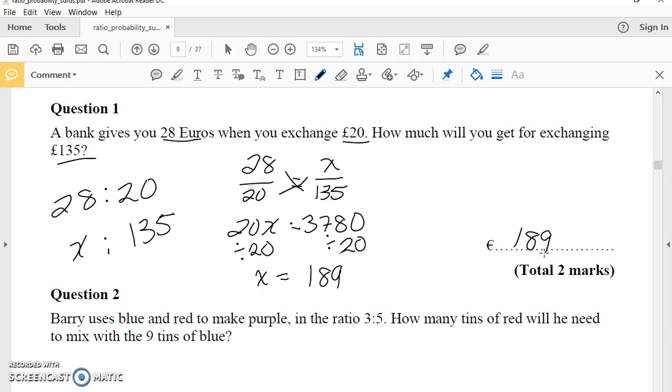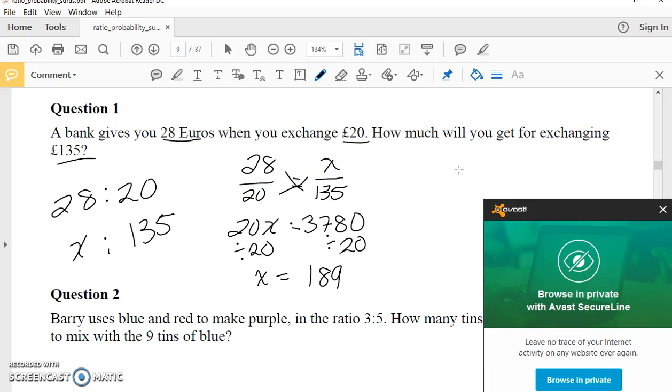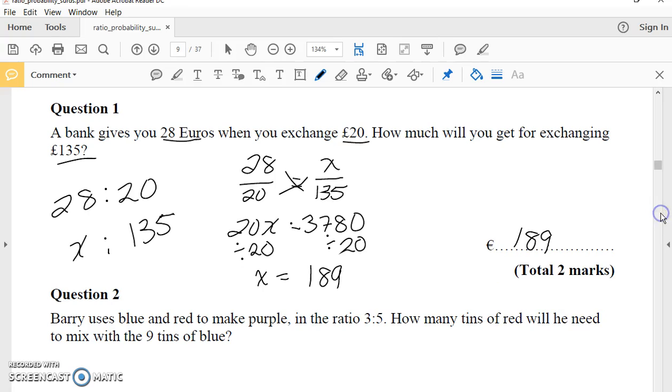Now the other way I could do this is I could do, just trying to get my cursor back here, I can do 28 divided by 20.